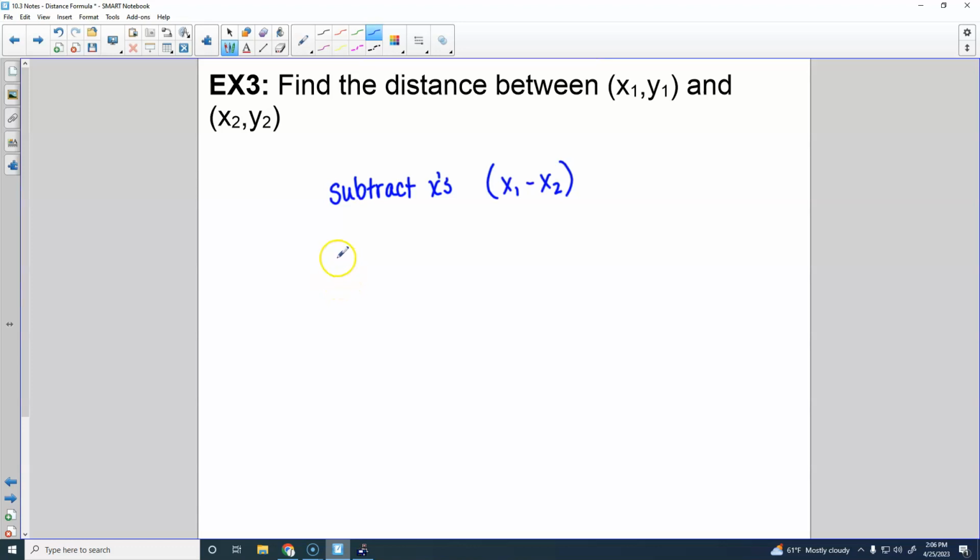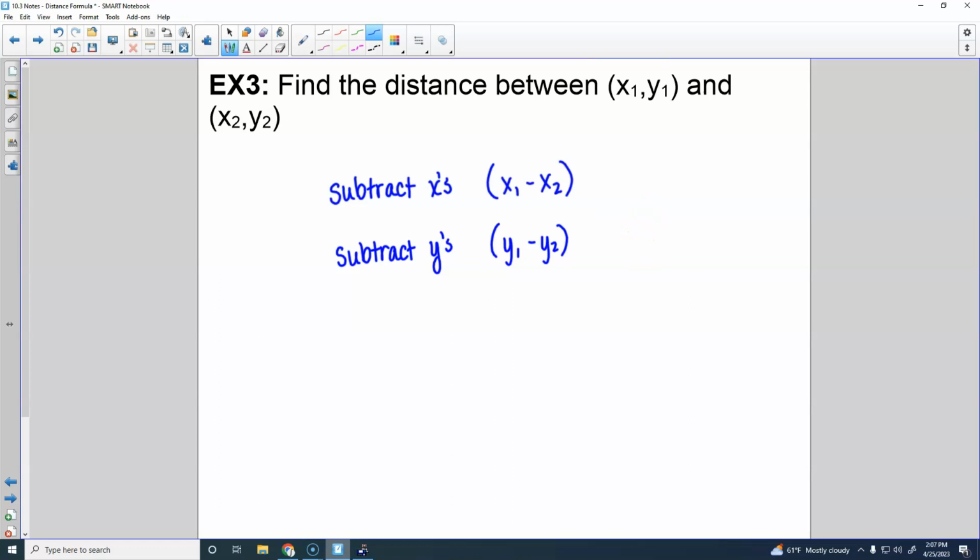Okay? Then what did we do? Subtract y's. So that was, I could do y1 minus y2. Or y2 minus y1. Doesn't matter which one comes first.